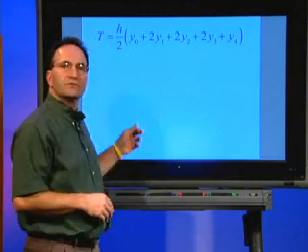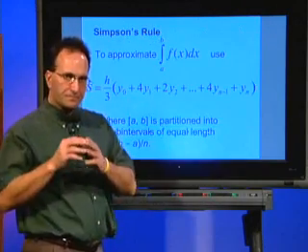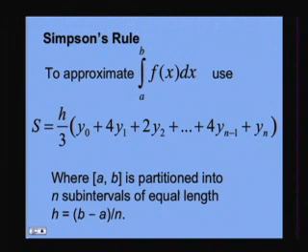And the way Simpson's rule works is this. Again, to approximate the integral evaluated from a to b of f of x dx, use capital S for Simpson's rule, and that's equal to h divided by 3 times the quantity, y sub 0 plus 4 times y sub 1 plus 2 times y sub 2.